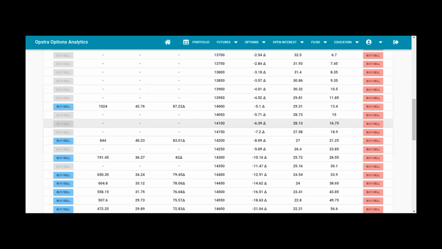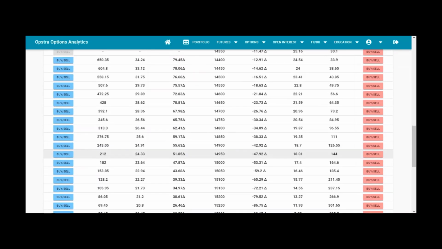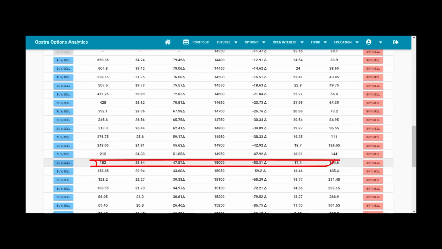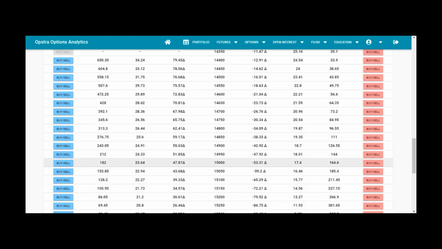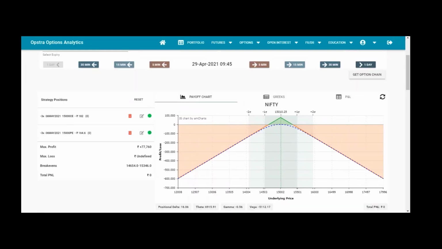So I will go to the 15,000 strike price and sell 3 lots of call option, and for the same strike price I will sell 3 lots of put option. That's it. What I told you: my target is 10,000 rupees and my stop loss is 5,000. Either I need to book the loss of 5,000 or the profit of 10,000.